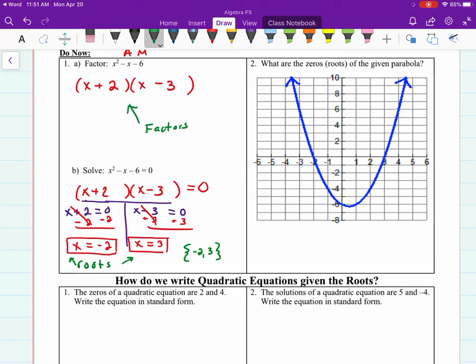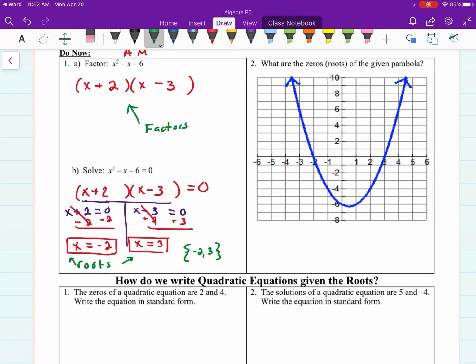So again, the relationship between the factors and roots is kind of the opposite. If one of the factors is x plus 2, the root becomes x equals -2. And if one of the factors is x minus 3, the root for that one becomes x equals 3.